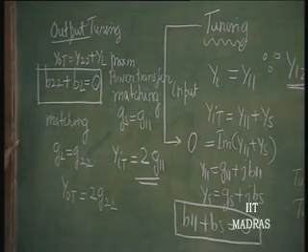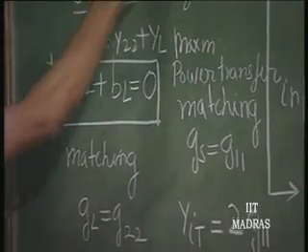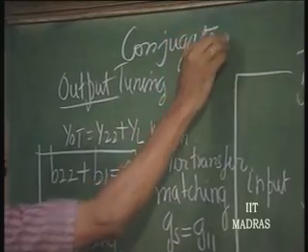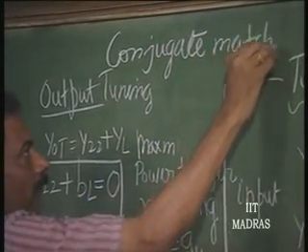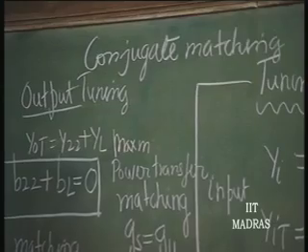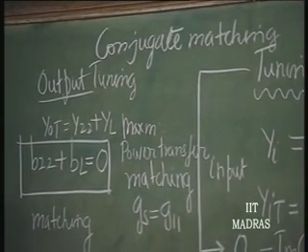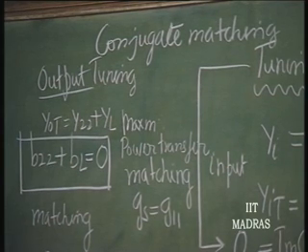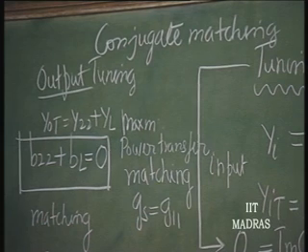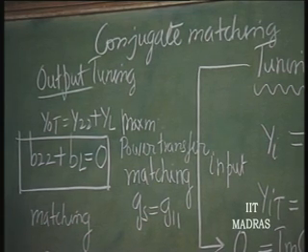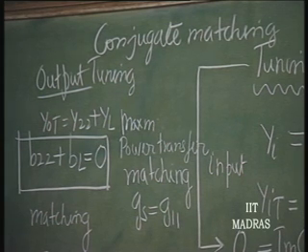This kind of design is called conjugate matching. That is, total susceptance at the input is made equal to 0, total susceptance at the output is made equal to 0, by selecting the load admittance as conjugate of output admittance and source admittance as conjugate of input admittance.